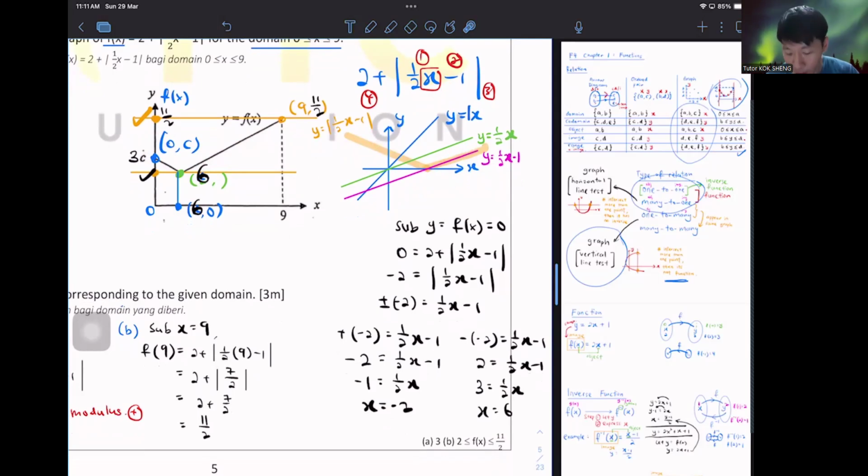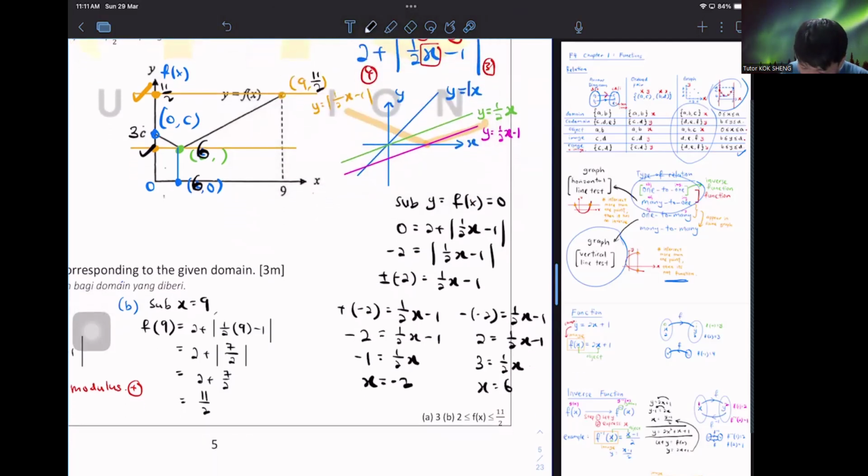We move this graph, so we should use this graph's equation to sub in 0, not the one after +2. So sorry, I made a mistake here. That's why this 0 should be subbed into this equation instead. We need to change everything. Oh no.